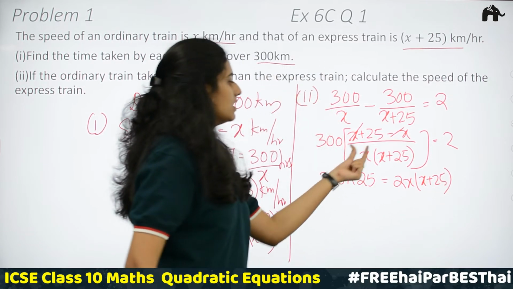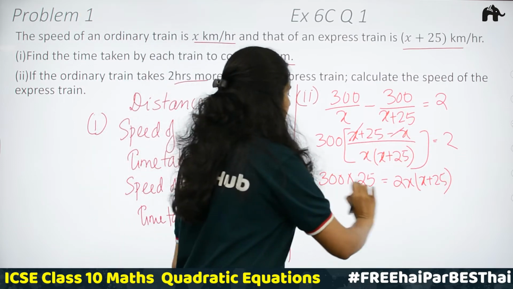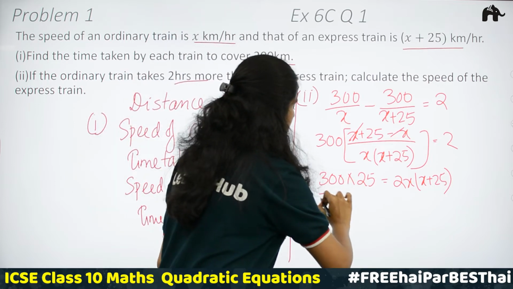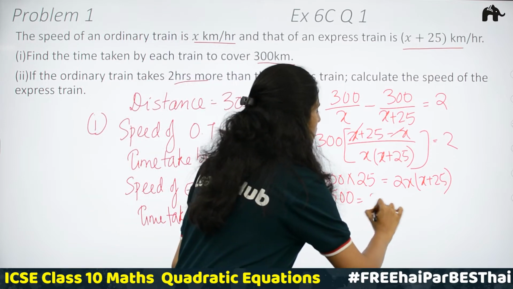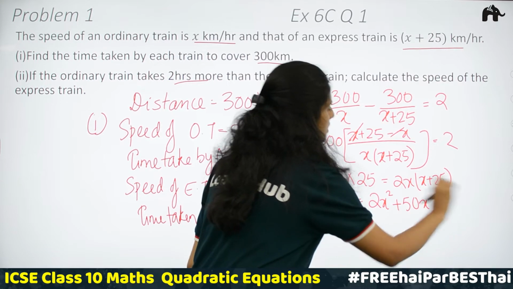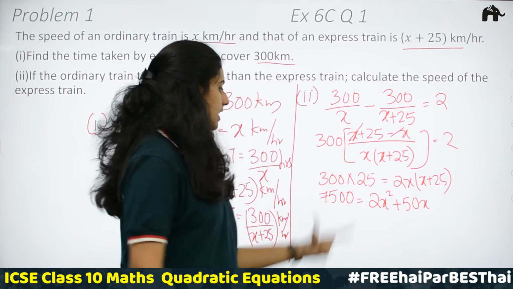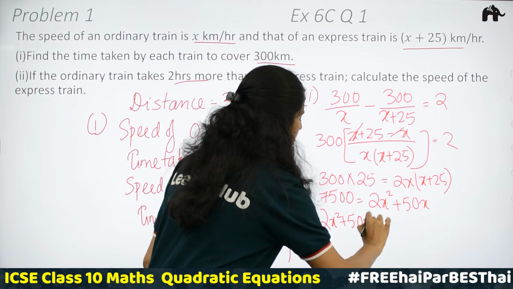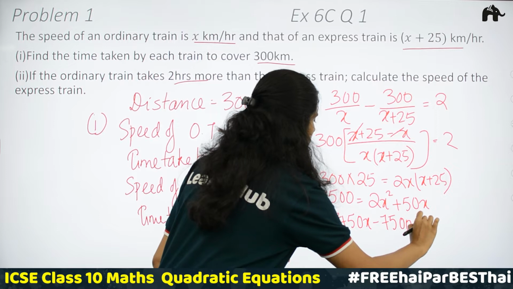I am taking this x into x plus 25 to the opposite side. 300 into 25 is 7500 is equal to 2x square plus 50x. 2x into x plus 25 is 2x square plus 50x. Rearranging this, 2x square plus 50x minus 7500 is equal to 0.